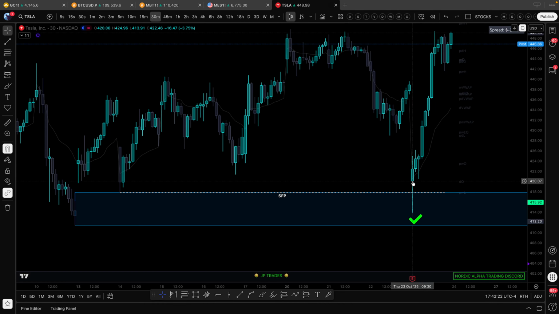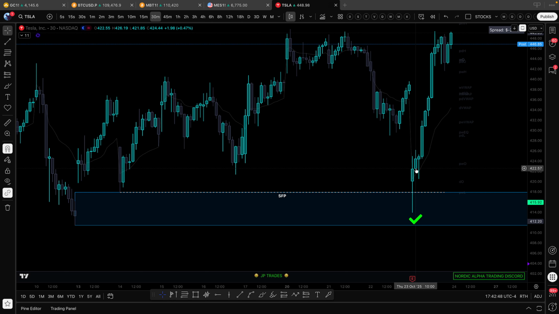So you absolutely could have opened your trade here. Since this is a blue candle, or a bullish candle, this would have been your close. This was the open, this was the low, closed here, high here. So you could have pulled the trigger here or on the open of the very next candle.